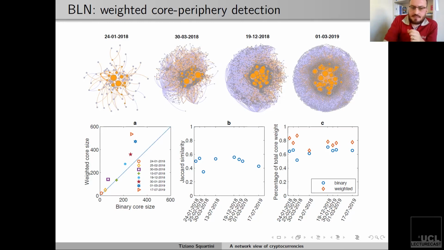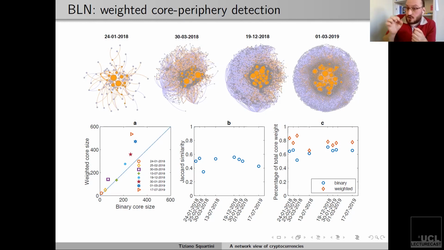It's interesting that, as we see here on the left, the binary and the weighted core for a certain period were basically the same. But now, towards the last snapshot of the network, the binary core remains quite stable, and what rises is the weighted core. So what does it mean?